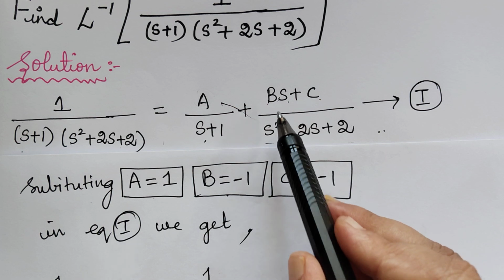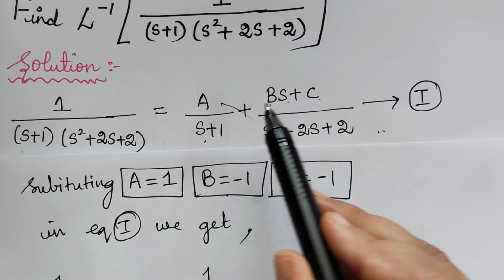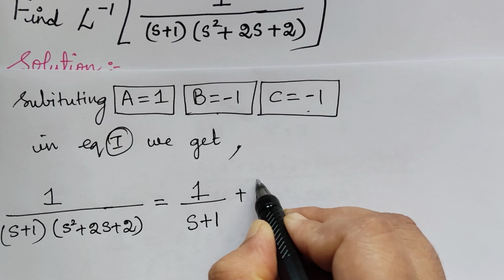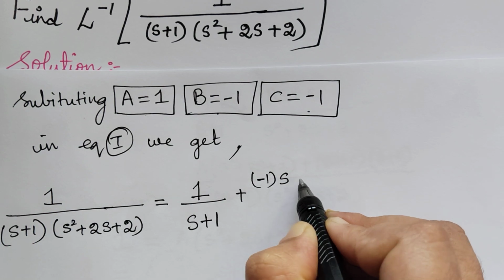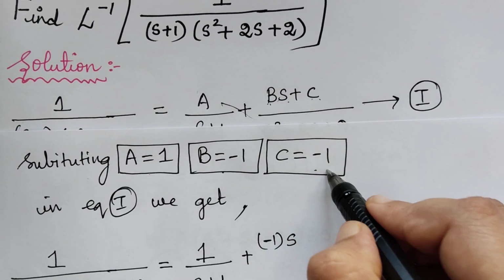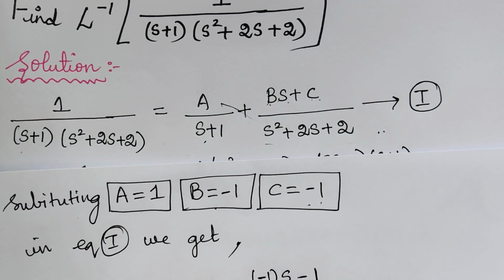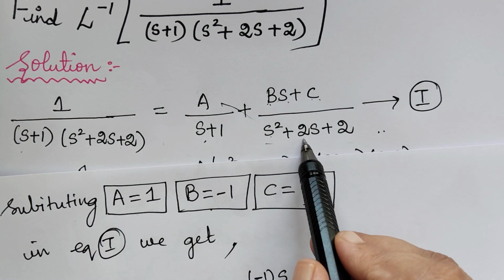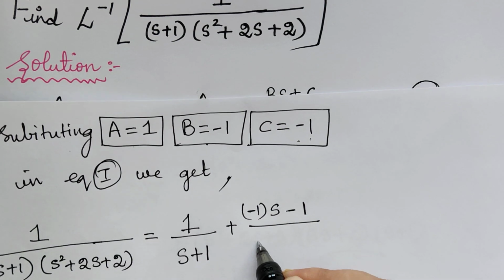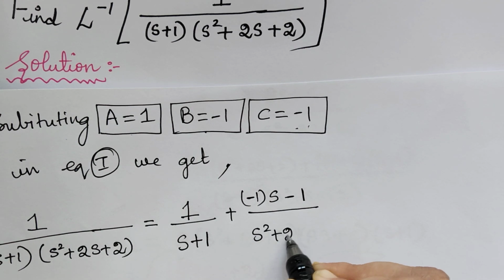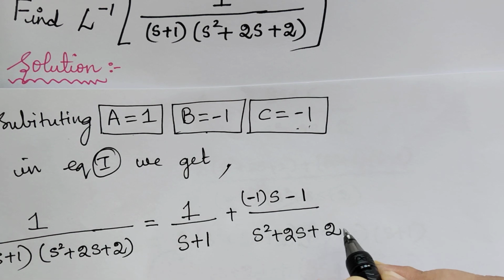And then here you put b as minus 1, so plus minus 1 multiplied with s, and c also as minus 1. So minus 1 divided by, in the denominator we have s squared plus 2s plus 2. So we will write that s squared plus 2s plus 2.